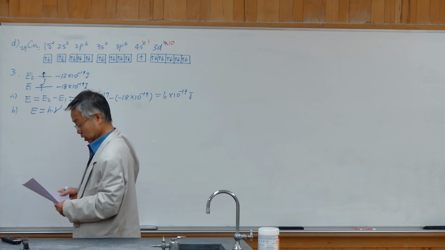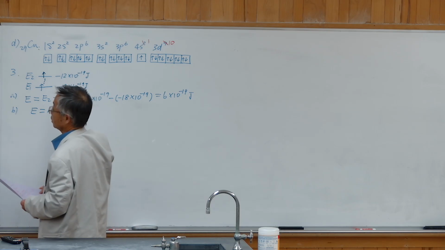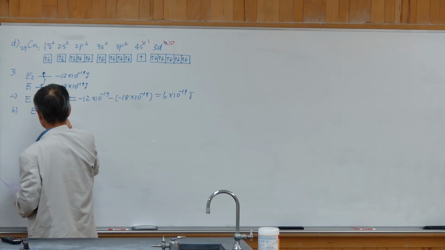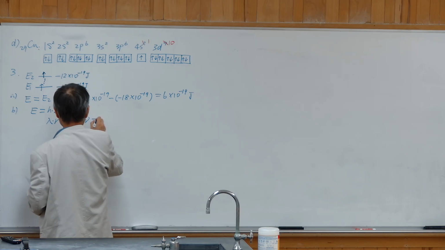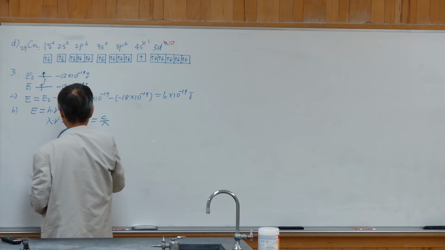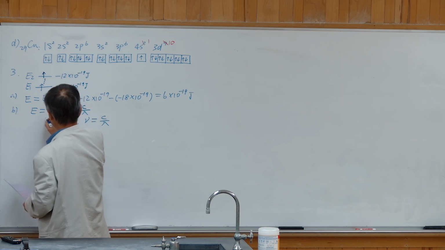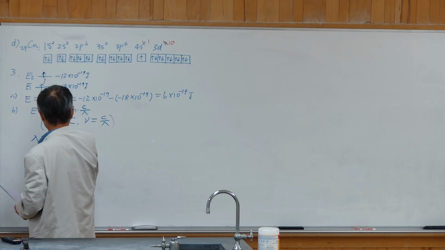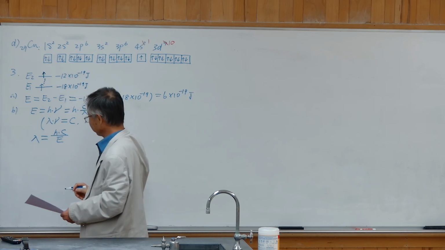Here it asks you for wavelength, so we're going to need to use wavelength times frequency equals c. So frequency equals c divided by wavelength. So the energy is h times c divided by wavelength, right? Then your wavelength lambda will be h times c divided by E. So switch E with lambda.